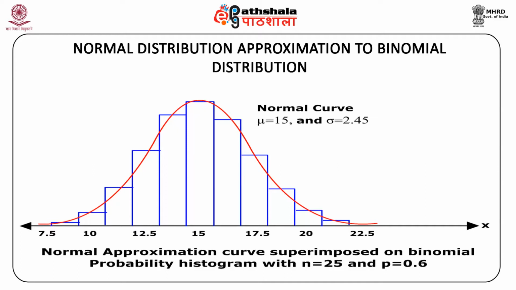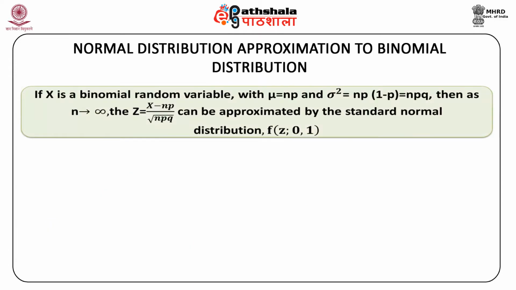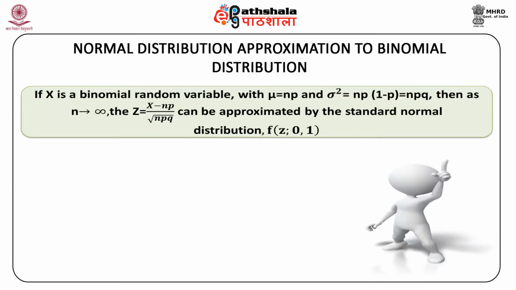well it fits as shown in the figure. If it provides a good approximation, we can compute the probabilities using the standard normal distribution table. To generalize, if x is a binomial random variable with mu equal to np and sigma squared equal to np(1 minus p), which is equal to npq, then as n tends towards infinity, z is equal to (x minus np) divided by the square root of npq, and can be approximated by the standard normal distribution F(z; 0, 1).